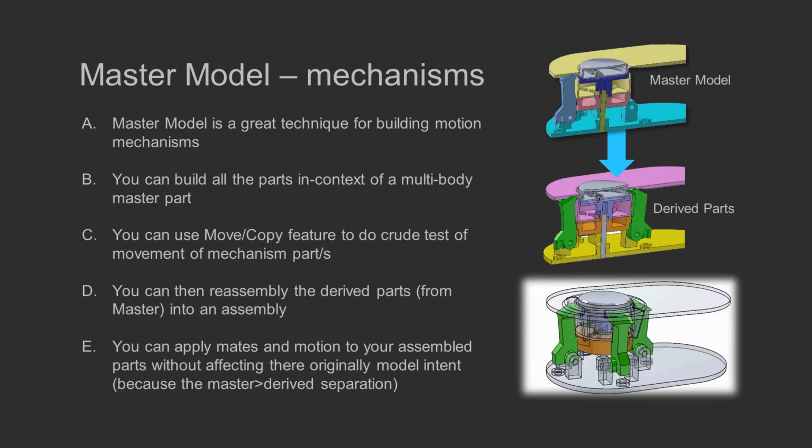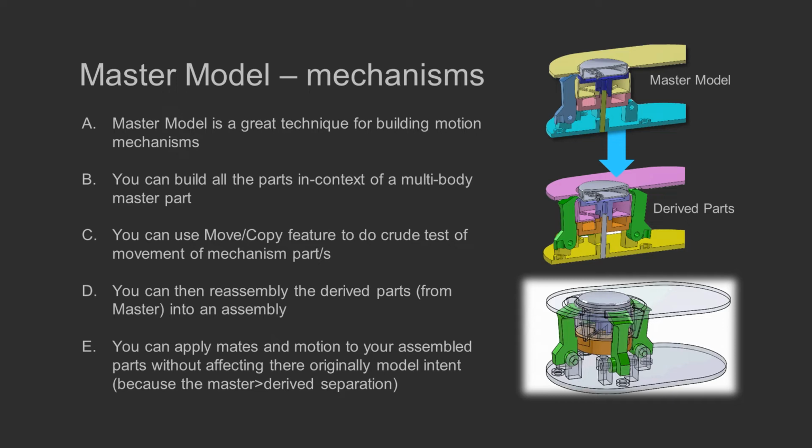Now, I mentioned in my last episode that master model is not necessarily just for consumer product design, but can be used in all types of industries that SolidWorks is used. I find it particularly useful for mechanism design.